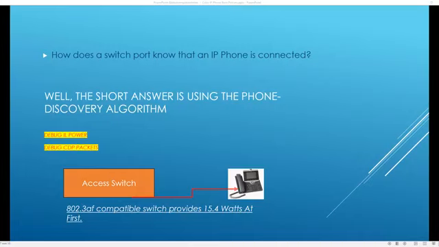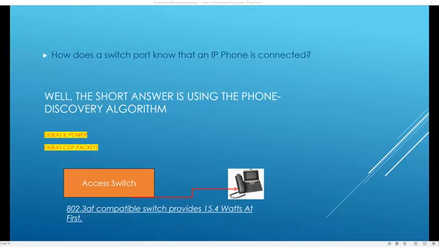In the backend, you will see that the last two rows and the first two rows are interconnected. So port 1 is connected to power supply port 1, port 2 to power supply port 2, and so on. This is how the power is supplied from the inline power panel to the switch port.